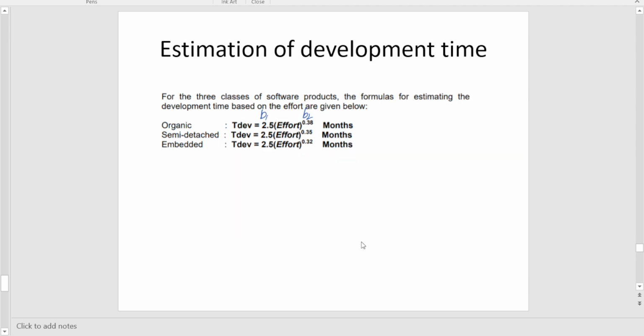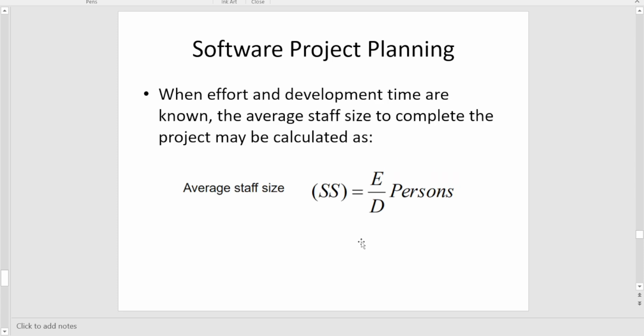So once you know the development time, basic COCOMO actually says it out, and this is just an approximation. It tells you that your code depends upon lines of code, and lines of code will give you the effort and time. But if you know the value of effort and time, you can also calculate the staff size.